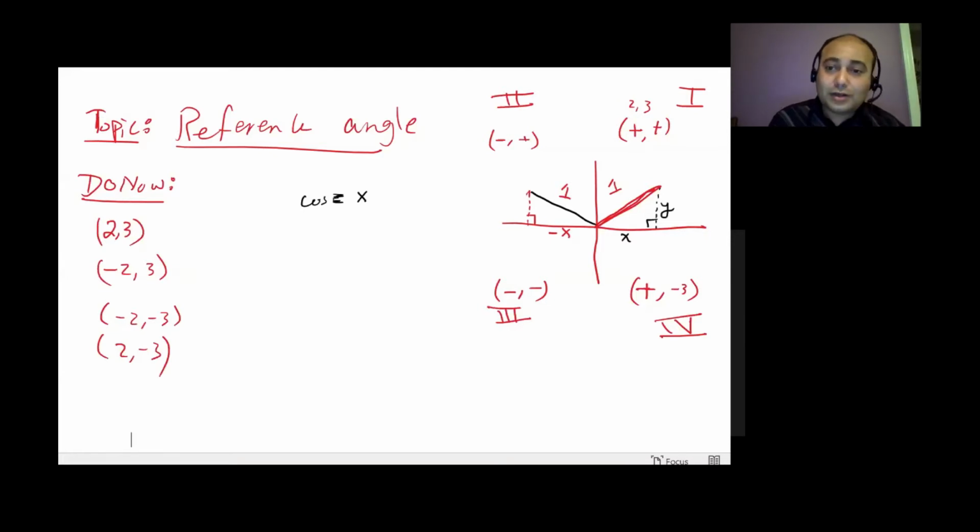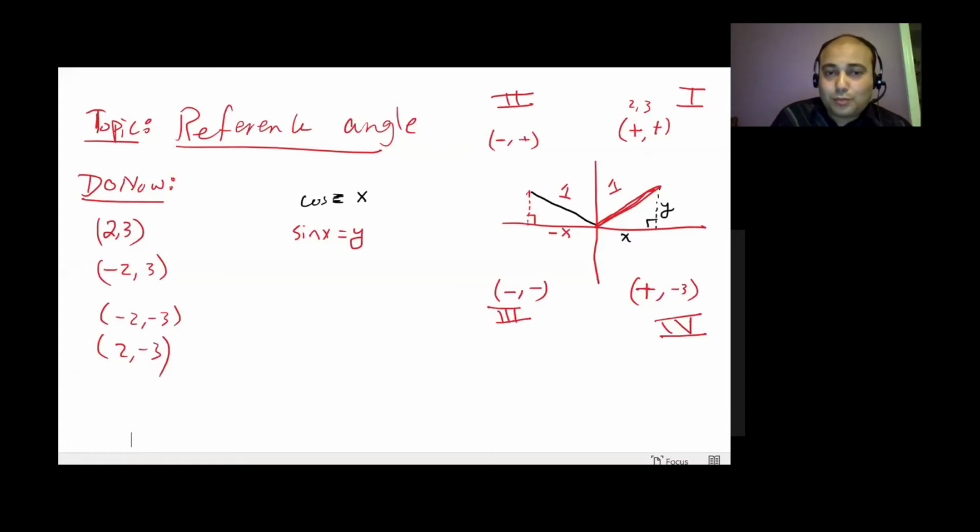Before I move on, what is the sine in this case right here? The sine is the y value, because it is y, opposite divided by the hypotenuse.